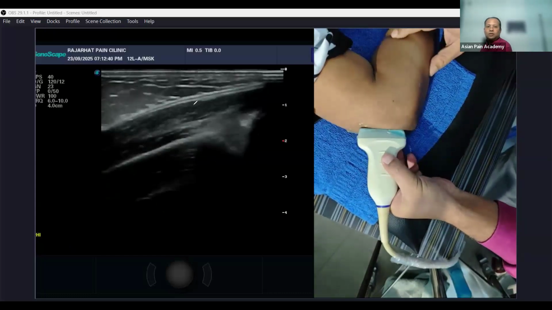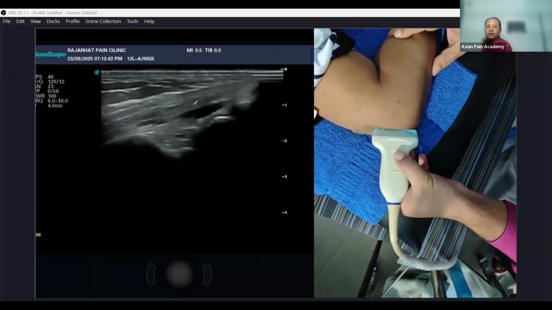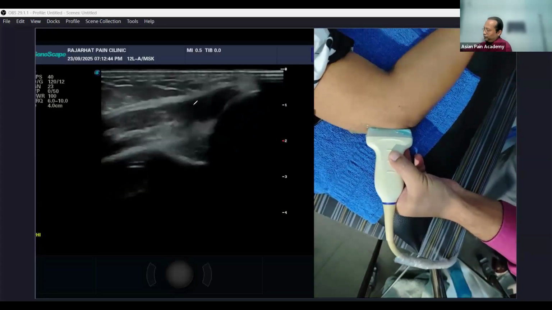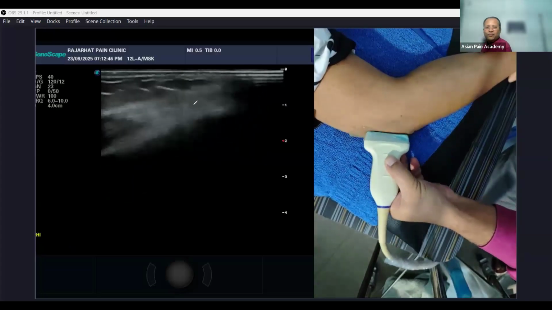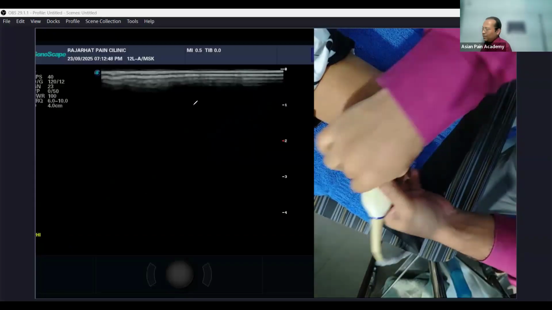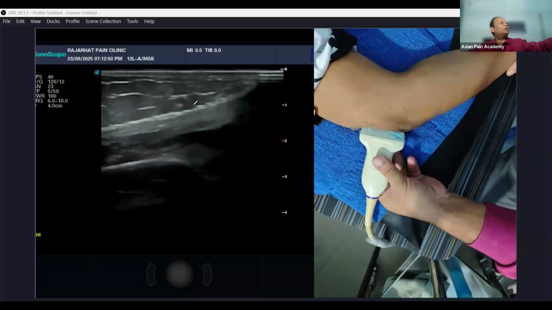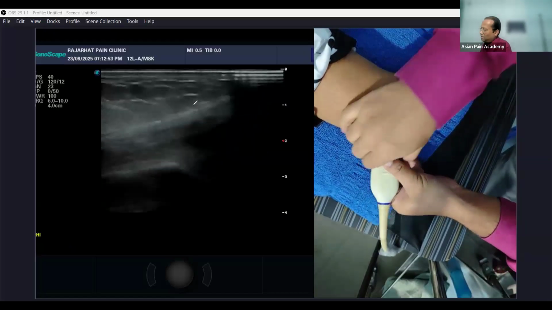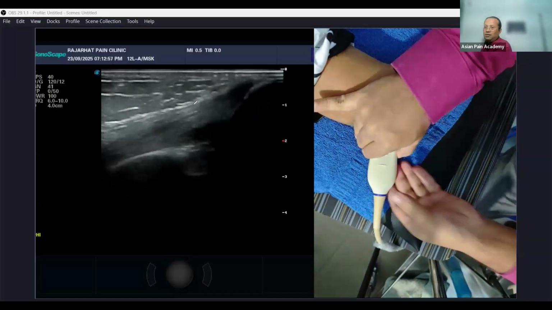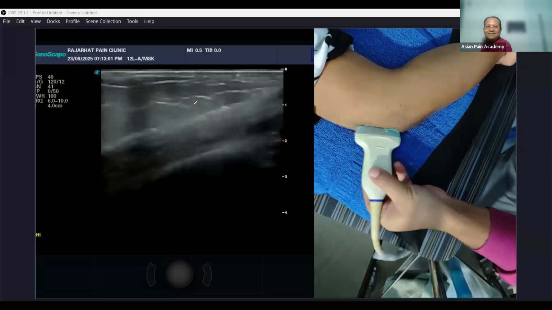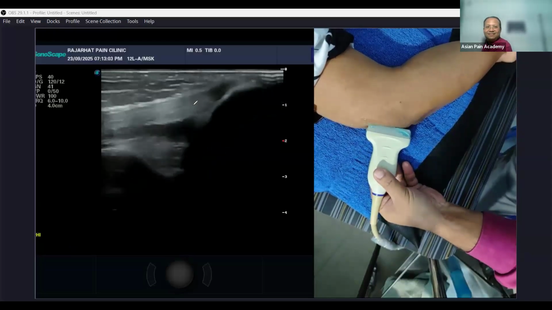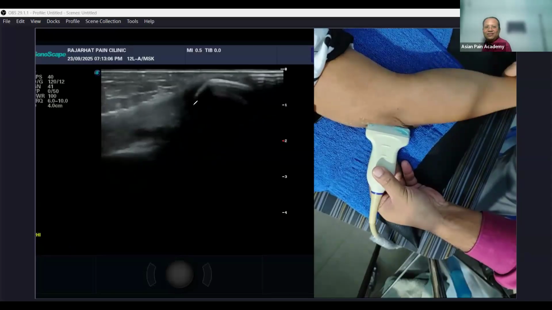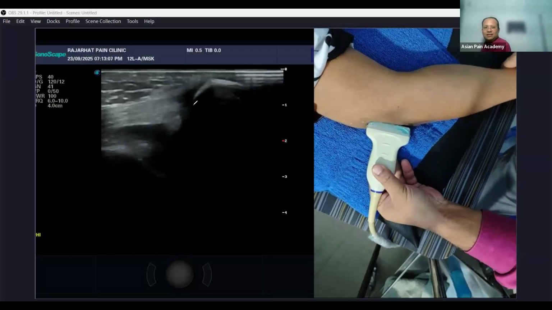So you can see with movement, we can see the olecranon process come inside the fossa.